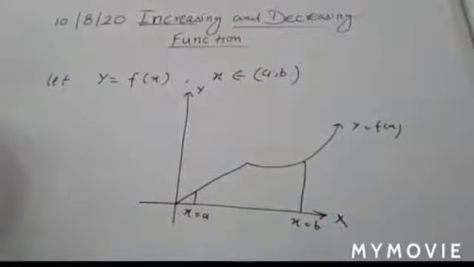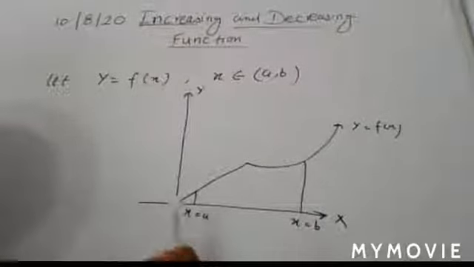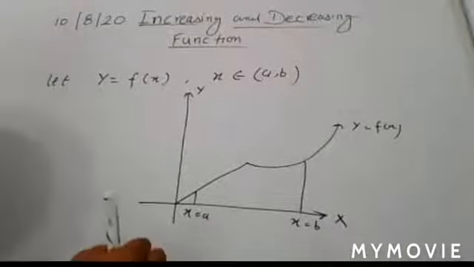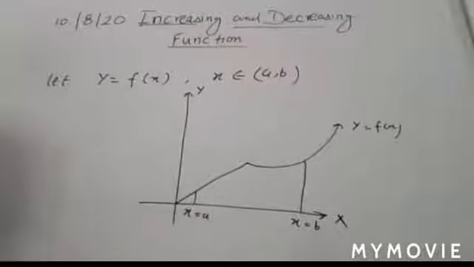Understand? A function is said to be increasing when, if you take different values of x on the number line, the corresponding values of f(x) also increase. Then you say that the function is an increasing function.